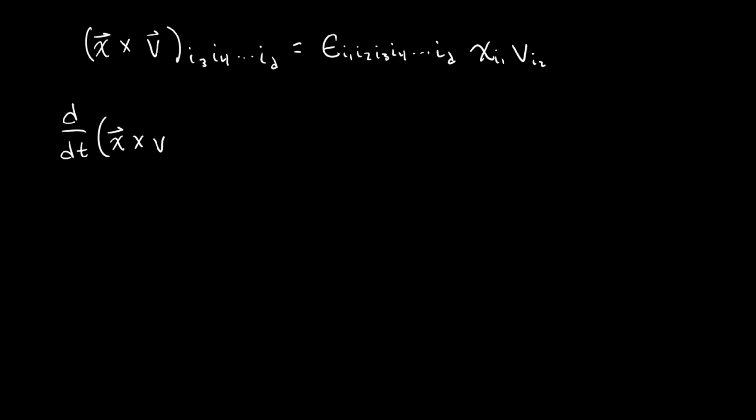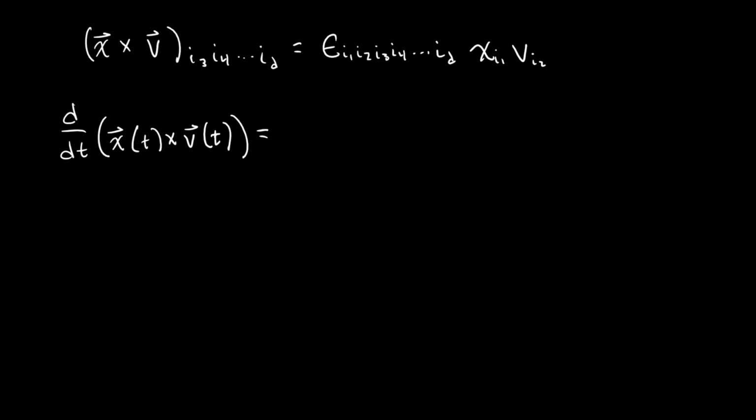Keep in mind, I'll write it explicitly. Both x and v can be functions of time. But this is just a product, so I can use my usual product rule for derivatives on it.